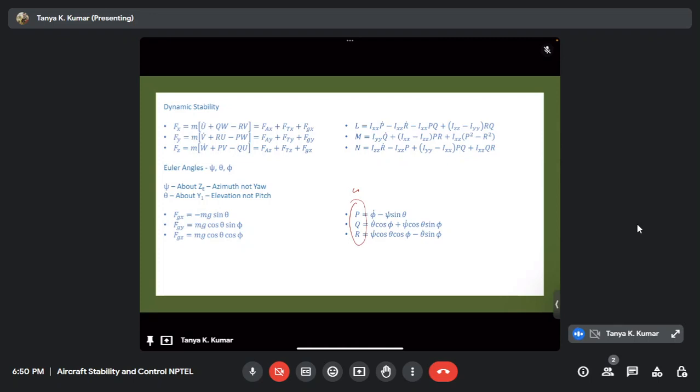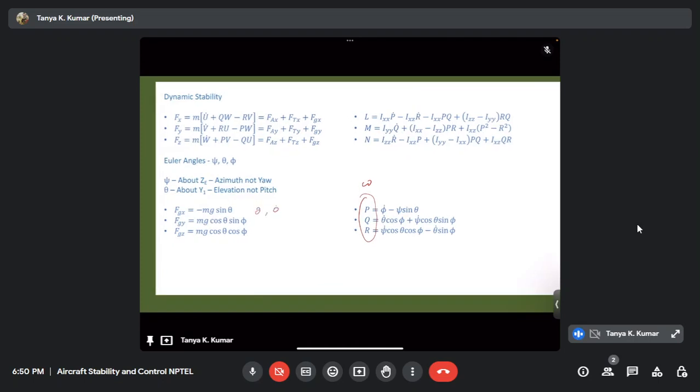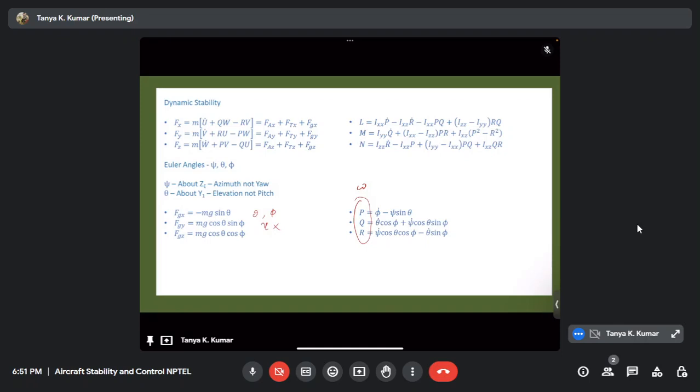Now, can anyone tell me why xi is not coming? You only have theta and phi. Xi is not there. Why? Can anyone tell me?